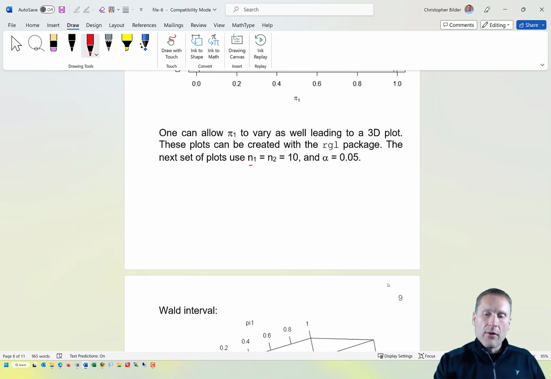So in my program, I show how to do this kind of a plot for n1 and n2 equal to 10 and alpha 0.05. Because this plot's a little bit more complicated, I usually don't require students to be able to reproduce this plot, but if you just run the code, you should be able to do it just fine.